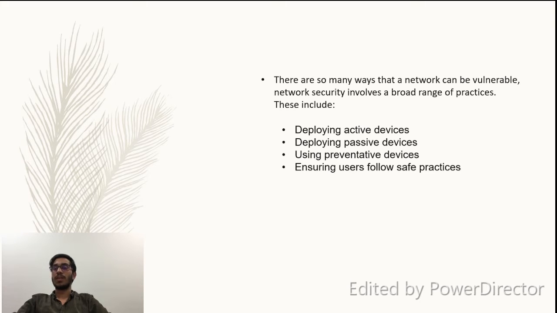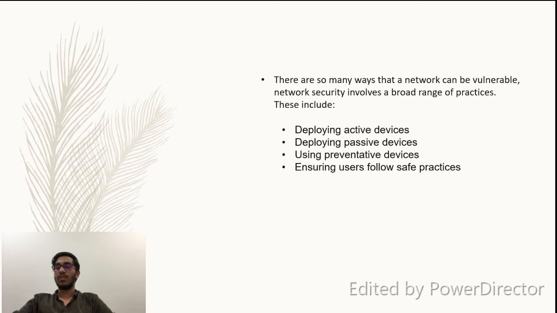Now, deploying passive devices means, for instance, using devices and software that report unauthorized intrusion into the network or suspicious activity by authorized users. And using preventative devices helps identify potential security holes so that network staff can fix them.